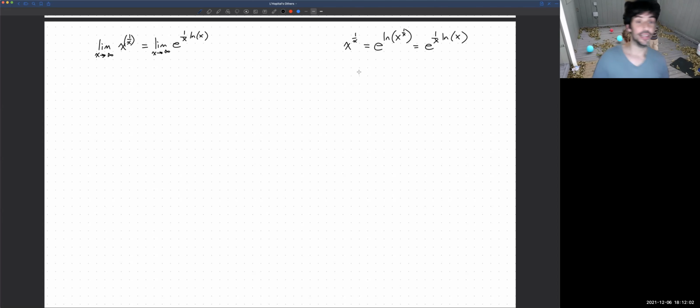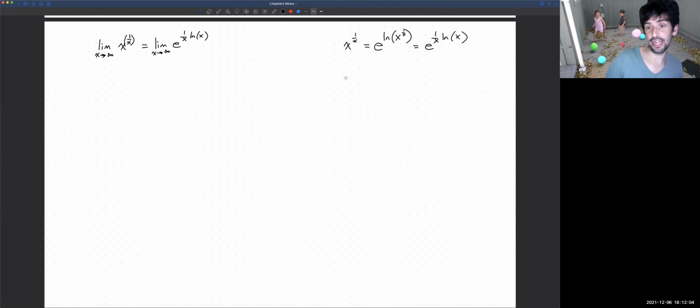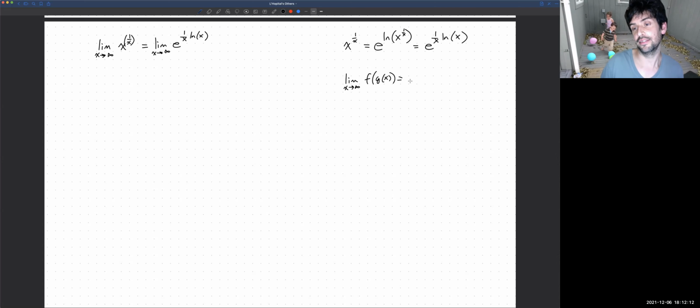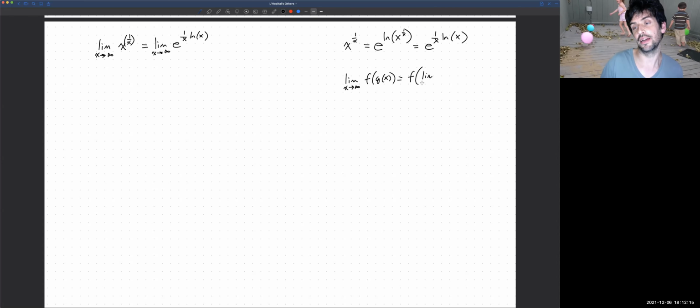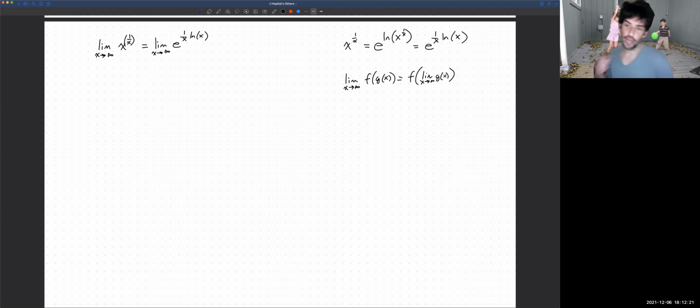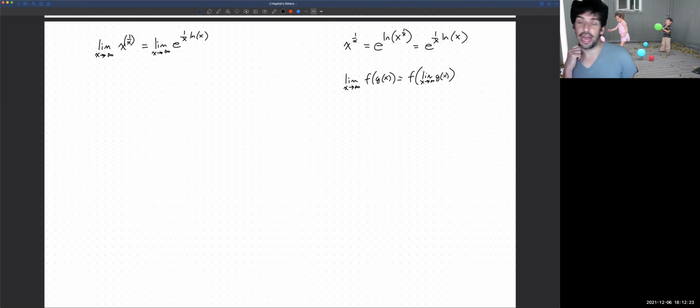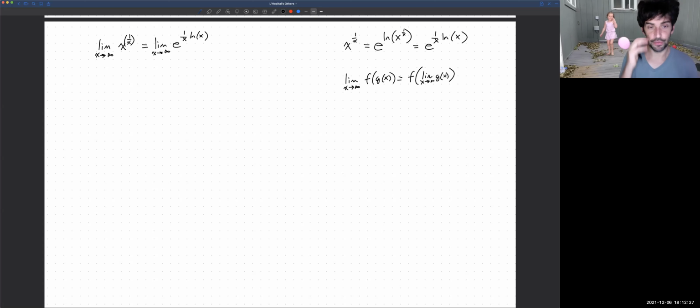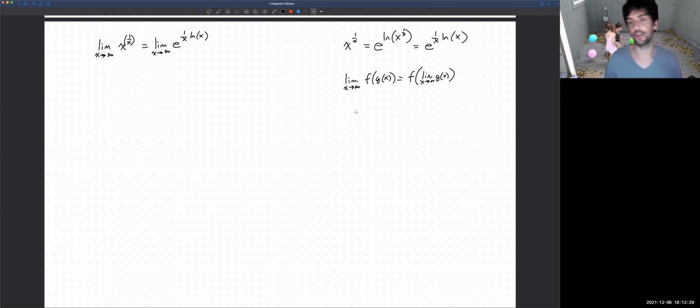Okay. The next thing I'm going to use is the fact that if I have the limit as x goes to infinity of f of g of x, this is the same as f of the limit as x goes to infinity of g of x, as long as the outputs of g are in the domain of f, and f has to be continuous. We've got all the stuff we need for that here, okay?